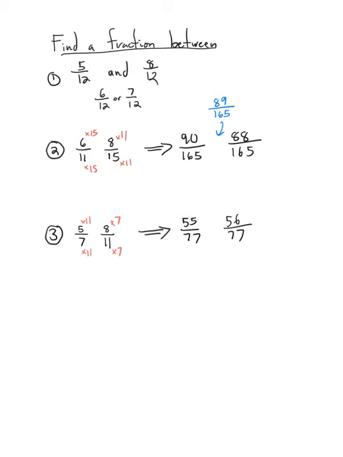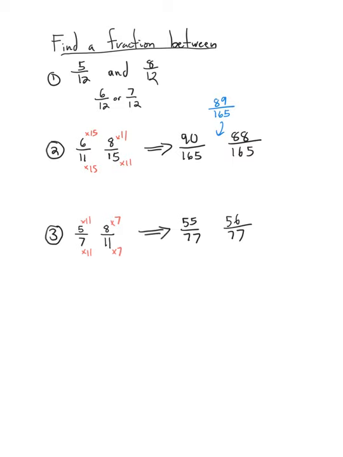So again, if you didn't figure it out yet, pause the video now and see if you can use one of the ideas with fractions we've already talked about to make it so we can pick one in the middle. Okay, so the idea of equivalent fractions can help us here a whole lot.